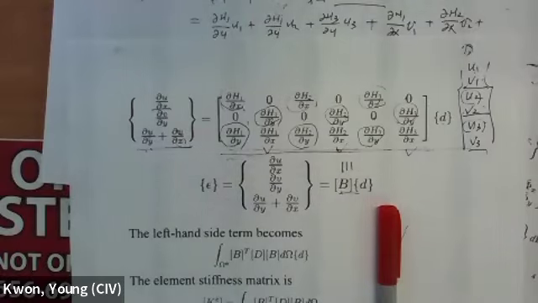Why? Because in a 1D problem, you have only one displacement, for example U. If you have a 2D problem, you have two displacements, U and V. And in a 3D problem, you have U, V, W, three displacements. So that depends on the nature of the problem.